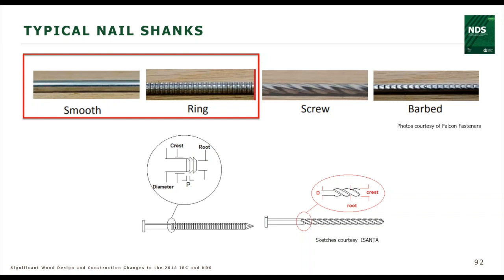The outer part of that would be known as the crest diameter. And then you also have your undeformed shank diameter. So depending on where you are in the nail, there are 3 different diameters that could be present. So you do want to be aware that these numbers are different, but we'll talk about using the nail diameters in some of these equations in a little bit.